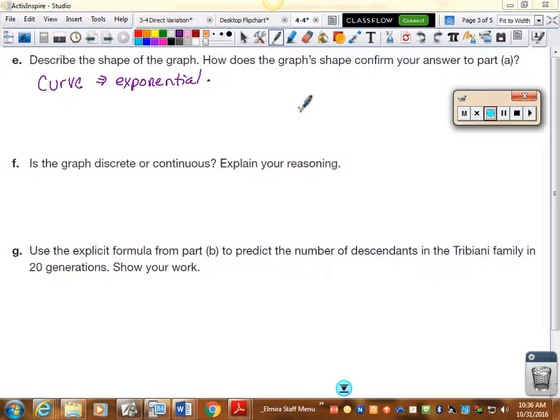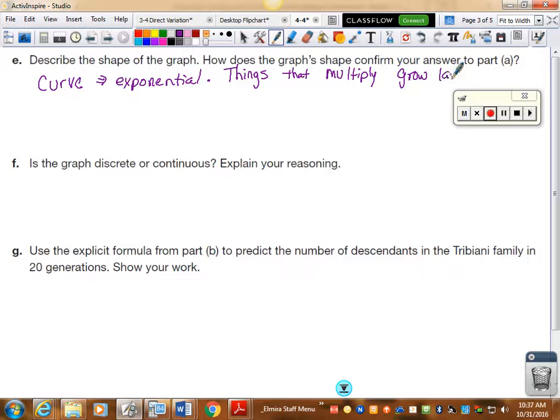How does the graph shape confirm your answer to part A? Well, things that are multiplying every time. Things that multiply grow larger, faster and faster.